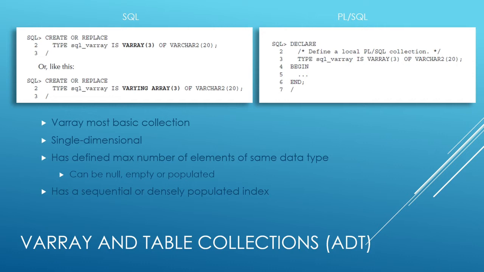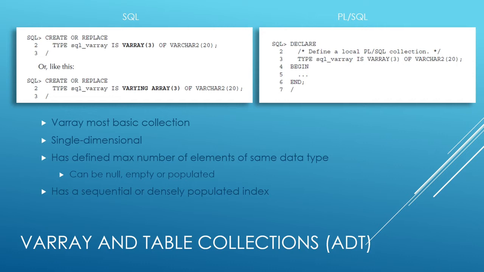As you see in the examples, on the SQL side, you would define a VARRAY by using the create or replace and then type. And you define the size of the array with the number, so VARRAY 3, and then what kind of array it is. In this case, it's a string array with VARCHAR of 20 characters in length.